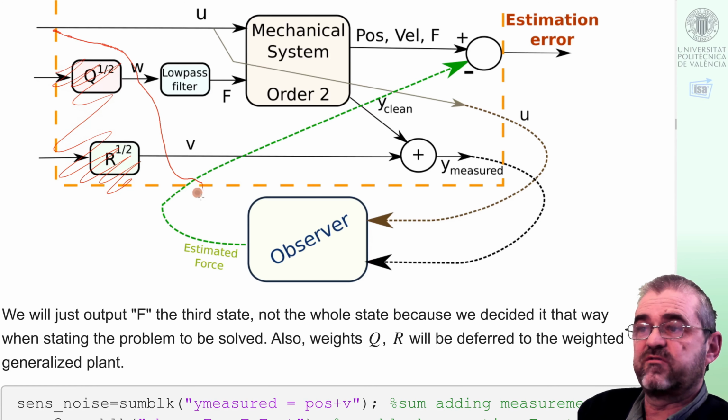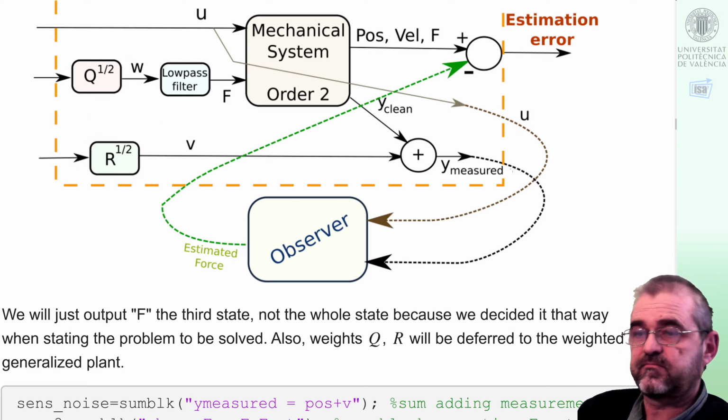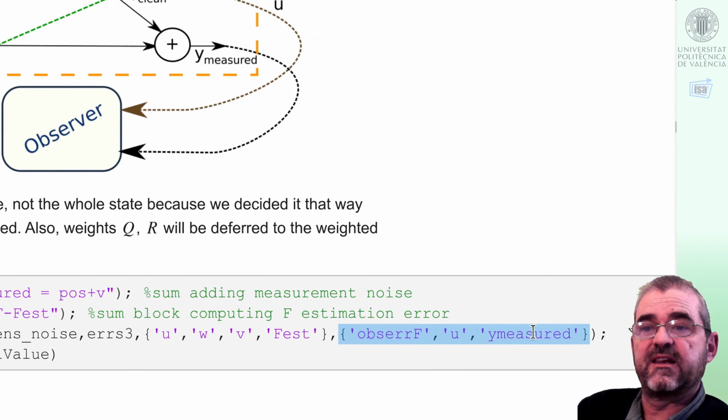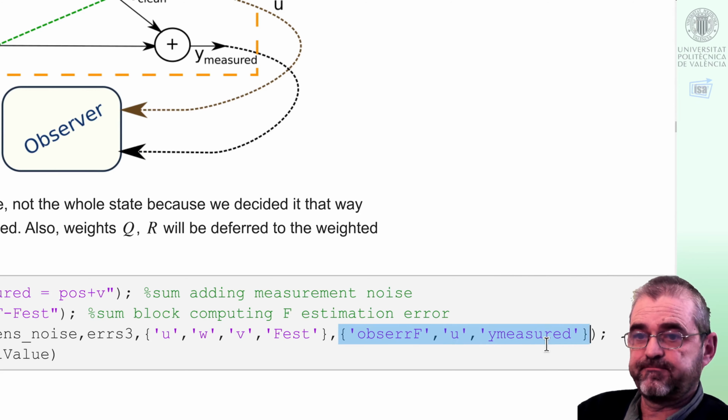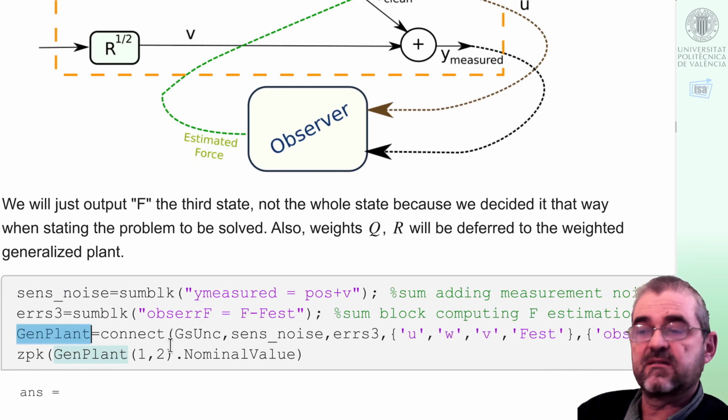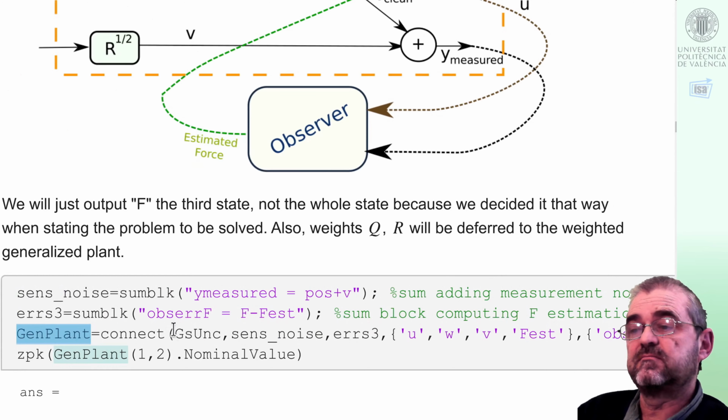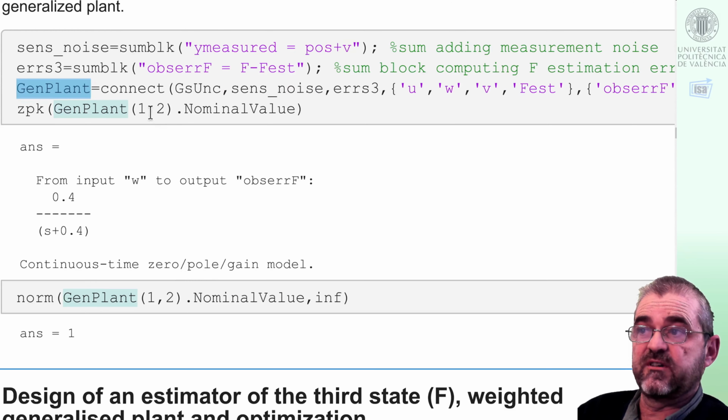And once we have those 4 inputs, we'll require also to have 3 outputs, the estimated error, the known input U, and the position measurement Y measured. And this is what we are telling the optimizer here. So we crafted the above block diagram as a robust control object called gen plant, generalized plant. And you can check whatever combinations of inputs and outputs to check that they fit what you expect.